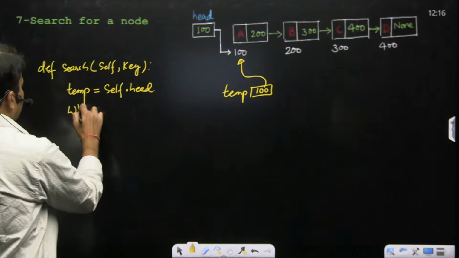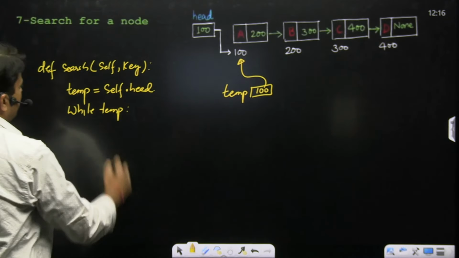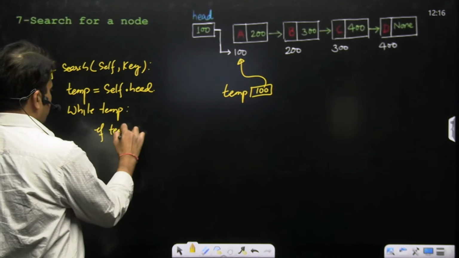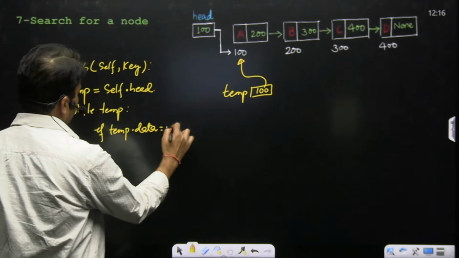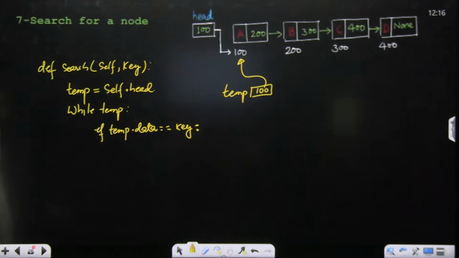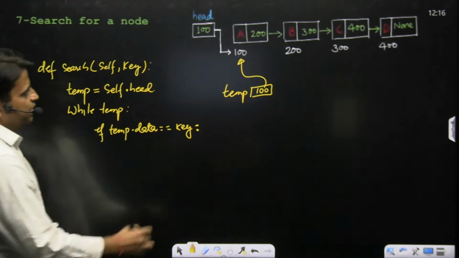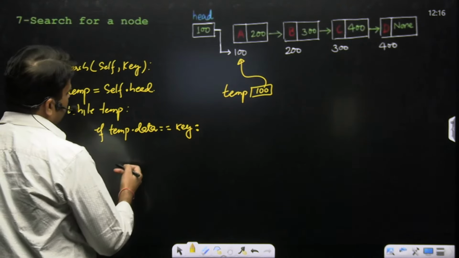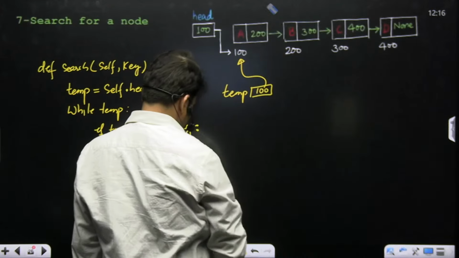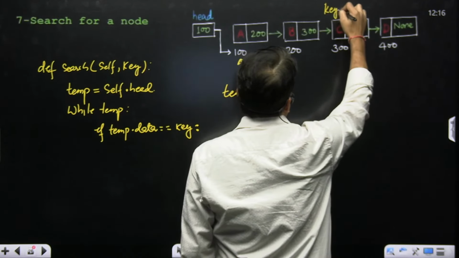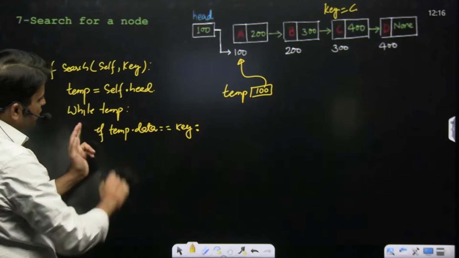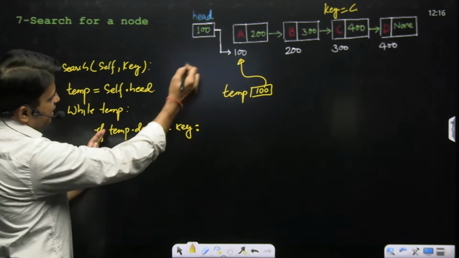Check all nodes while temp is not None: if temp.data equals key. Suppose I want to search for C. Temp equals self.head, 100, not None, so the condition is true. Temp.data is A and key is C, so the condition is false.